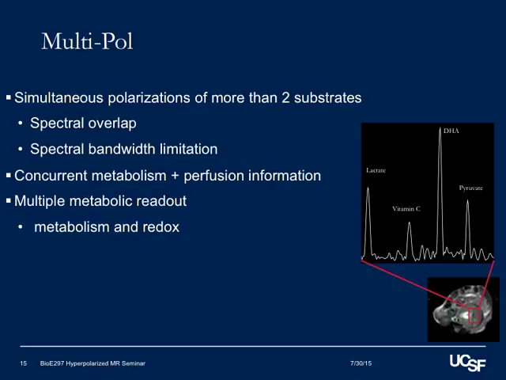So in this particular model, we used a very, very aggressive patient-derived renal cancer implanted in the kidney, and it grew quite well. And we polarized pyruvate and DHA together, and we were able to get from that voxel both the vitamin C and lactate products.